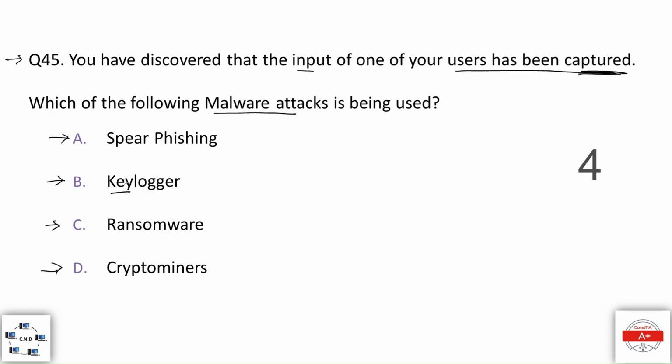So therefore our correct option is option B, keylogger. Spear phishing, as we already studied, is a phishing attack against a specific group of people. Ransomware is malware that encrypts user files and demands ransom or payment for the decryption key. And crypto miner is a malware that mines cryptocurrency on the user's computer using the computer's resources such as CPU, GPU, RAM.